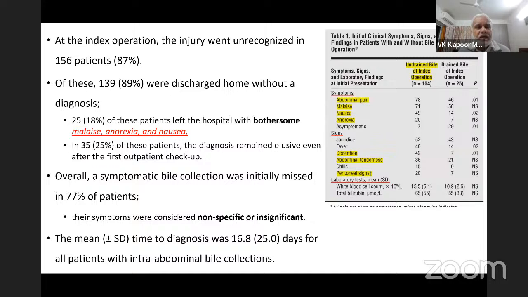Again, there is a report where it is mentioned that in as many as 87% of patients, the injury was not recognized during cholecystectomy, and these patients were discharged home without detection. But retrospectively, it was found that many of these patients had bothersome symptoms which should have been attended to and looked into.